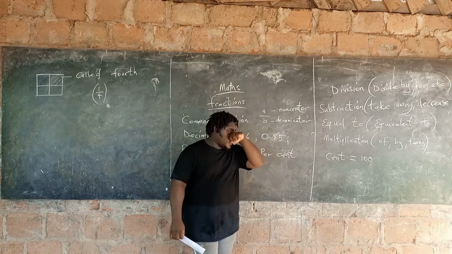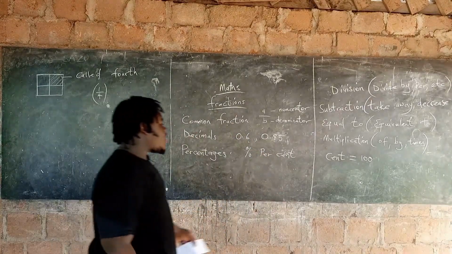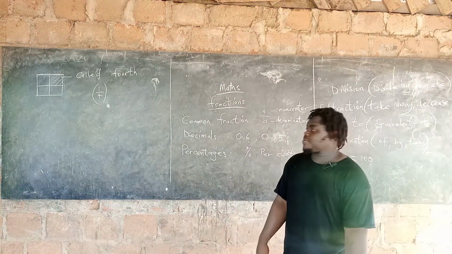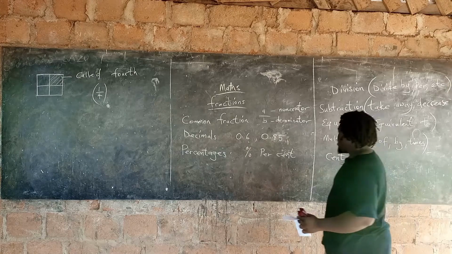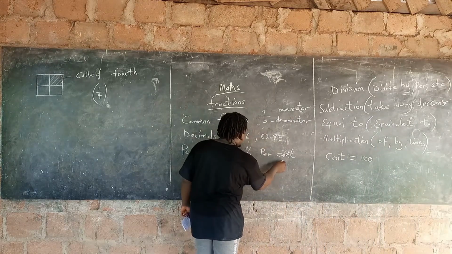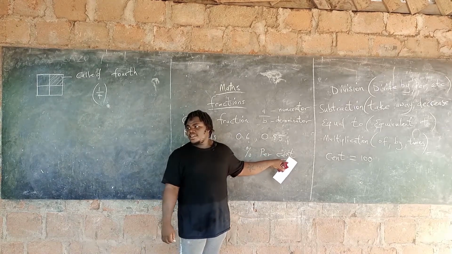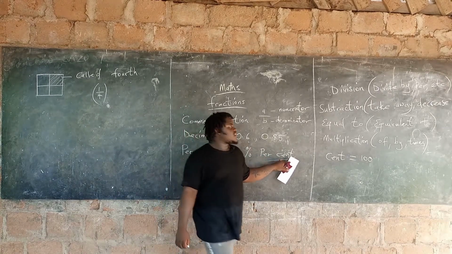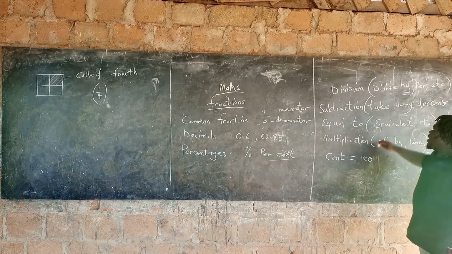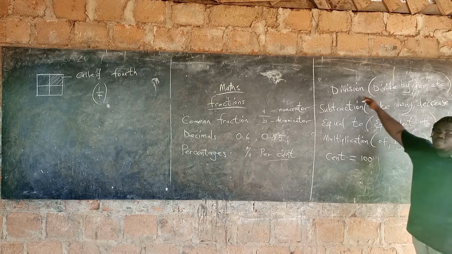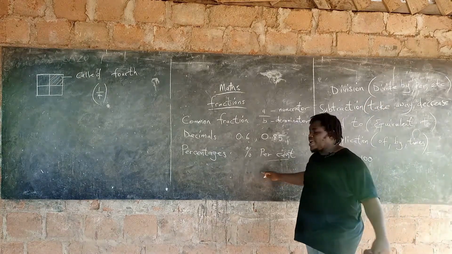The word cent means 100 in French. So what am I trying to derive at? All I'm trying to show you is that percent means divide by 100, because like I said, cent in French means 100 and per means division. So whenever you see percent, it means divide by 100.